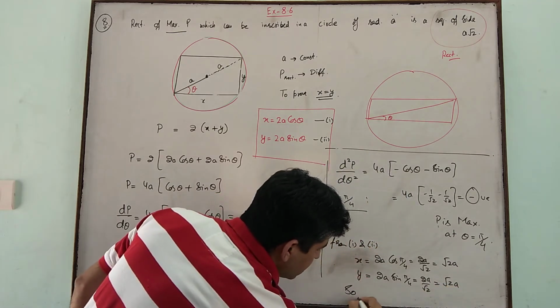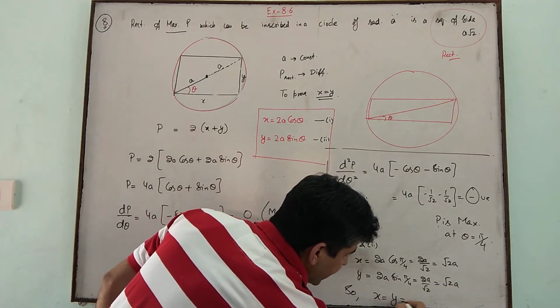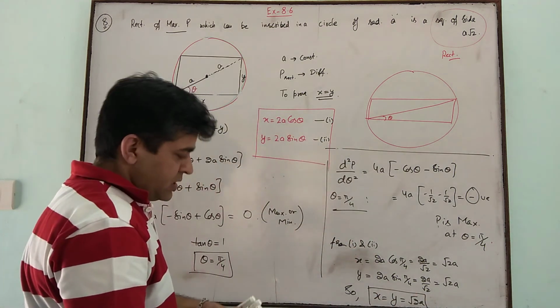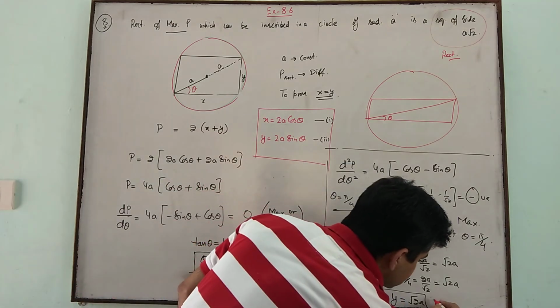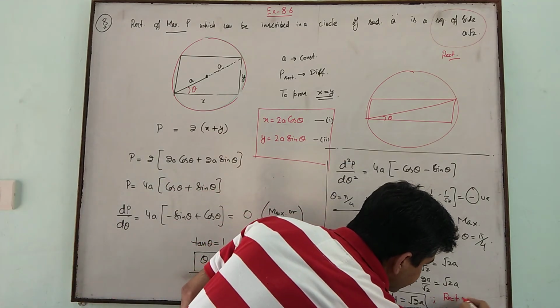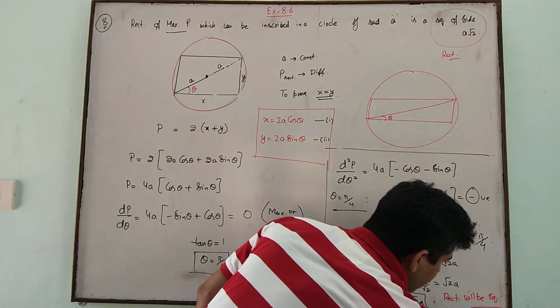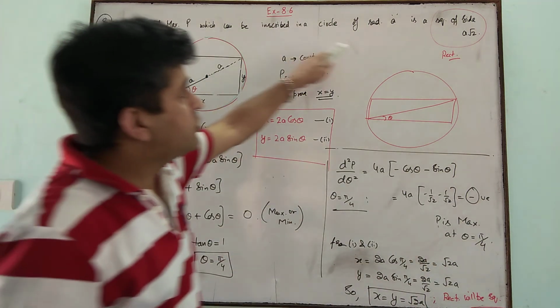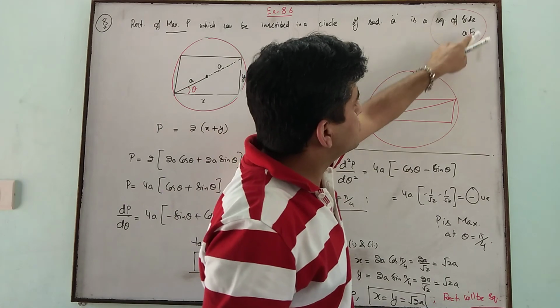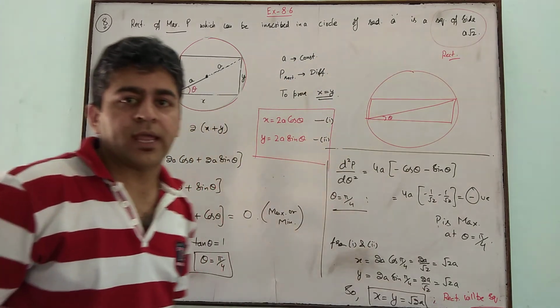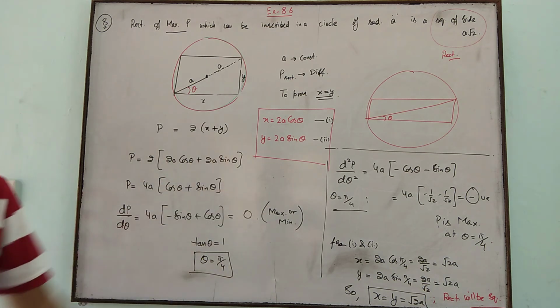So we got x equal to y equal to root 2 a. That means the rectangle will be a square, and this is what we needed to prove: the rectangle will be a square of side root 2 a. Just note it down.